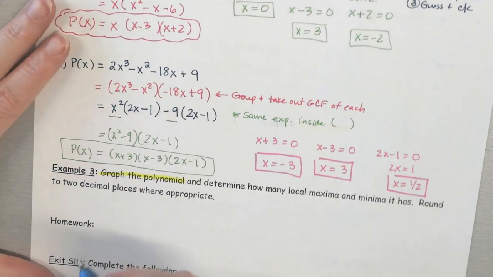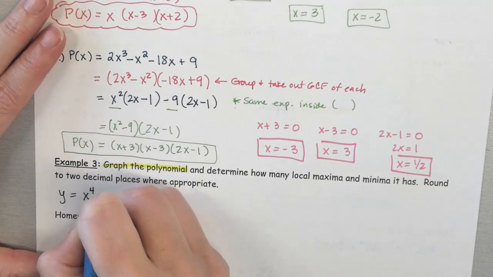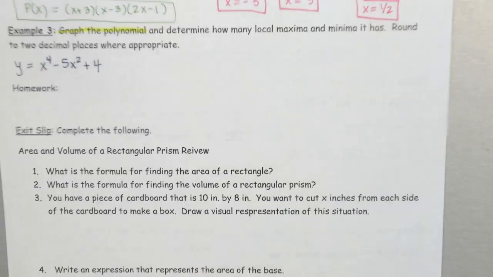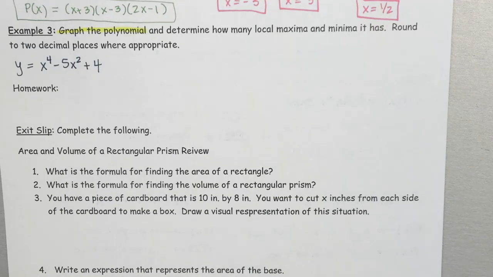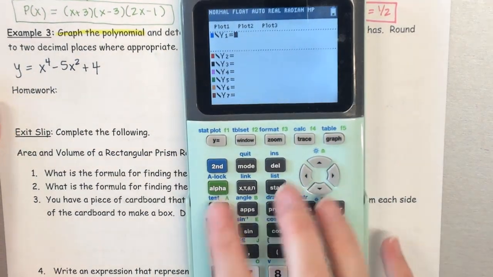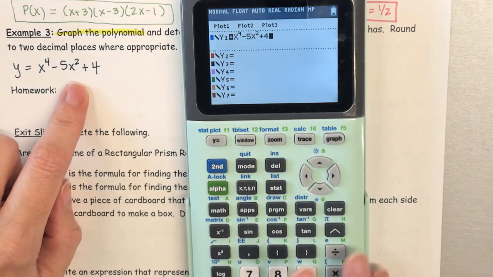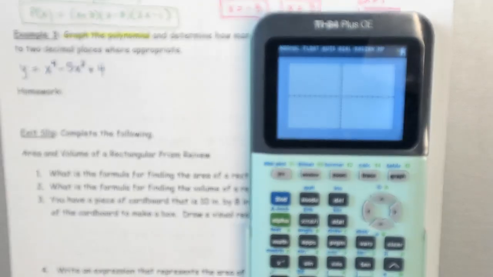So I'm going to give you the polynomial so you can graph that. All right, and then I'm just going to make sure I'm in my standard window.